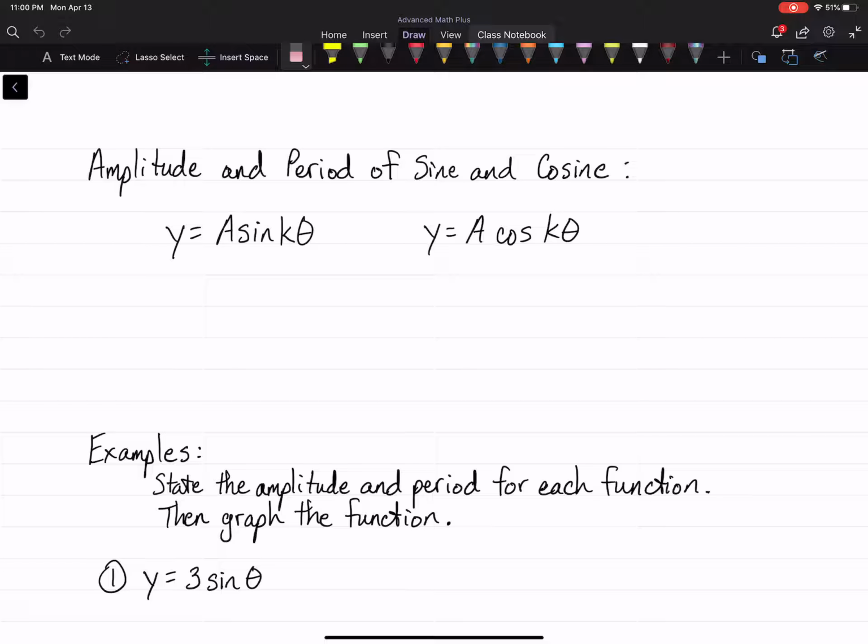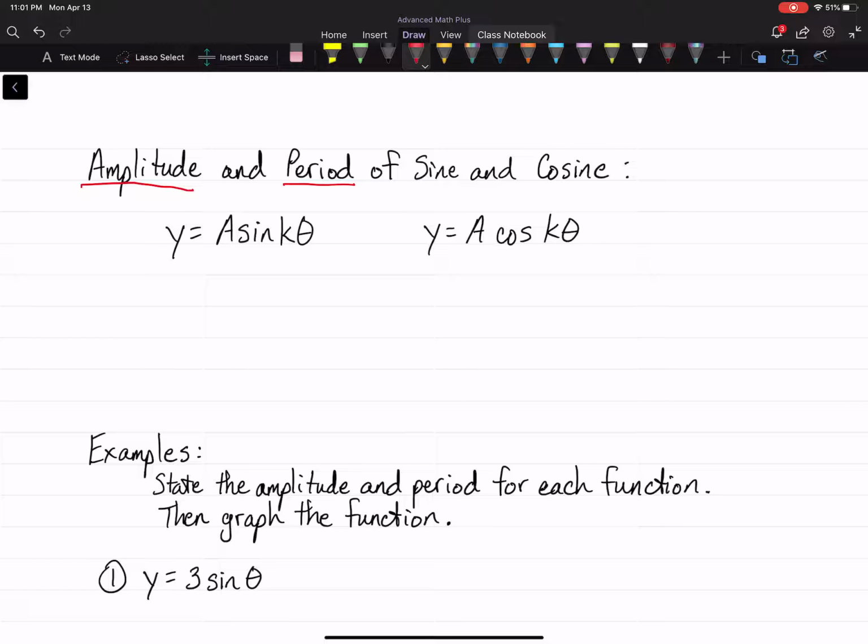And basically this is just another lesson where we're talking about graphing the sine function and cosine function and what the different parts of the equation do to the graph. So we're focusing in on amplitude and period.